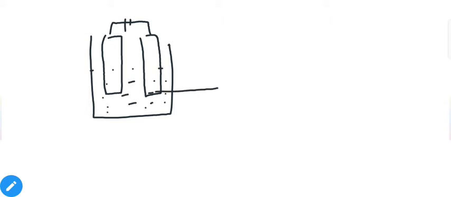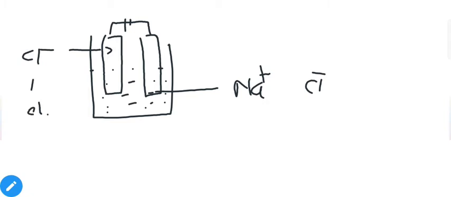Suppose, as mentioned in the first example, we have molten NaCl. That means we have Na+ and Cl- ions in the molten state. Actually it is not a solution, but it is molten NaCl. So on the anode, oxidation reaction takes place, and Cl- will convert itself into Cl2.